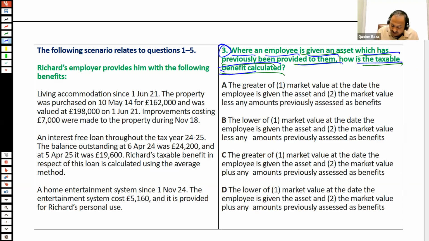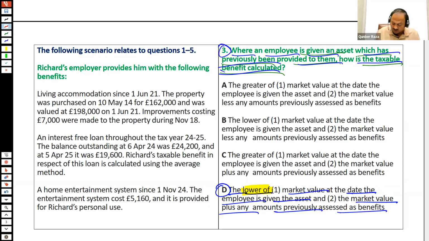How is the taxable benefit calculated? So now the question is, what is the method to calculate taxable benefit? I'm going to start reading from point D. The lower of market value at the date the employee is given the asset and the market value plus amount previously assessed as benefit. So is it really lower of?